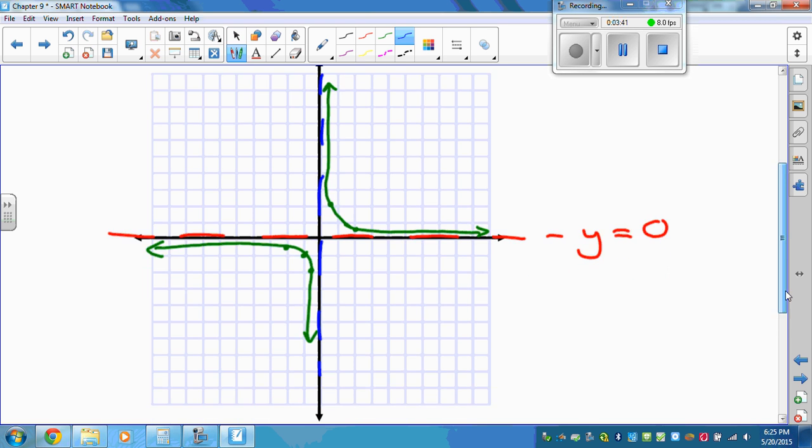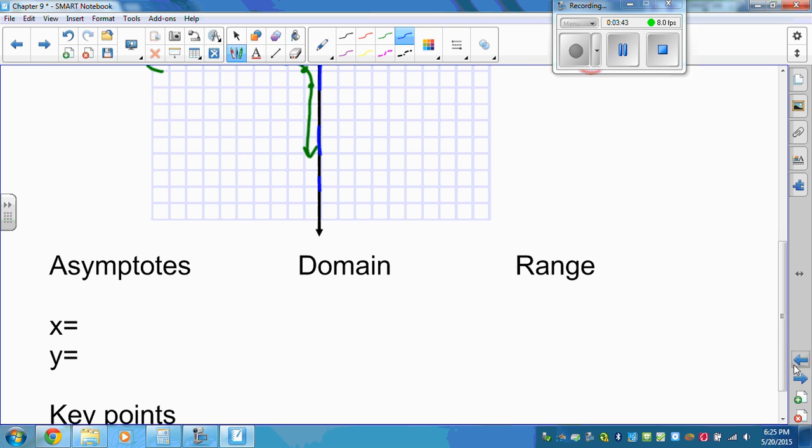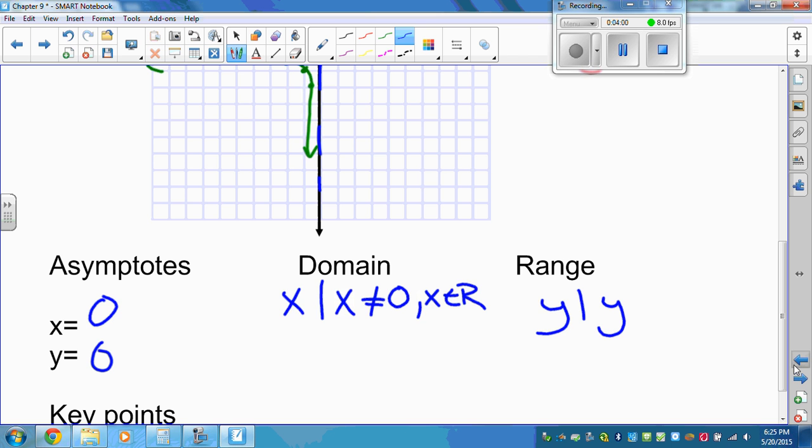Let's fill out the information under here. My asymptotes are x equals 0 and y equals 0. The domain is all x such that x does not equal 0, but everything else. The range is all y such that y is not 0, but everything else is okay.